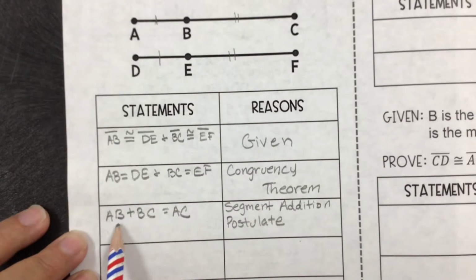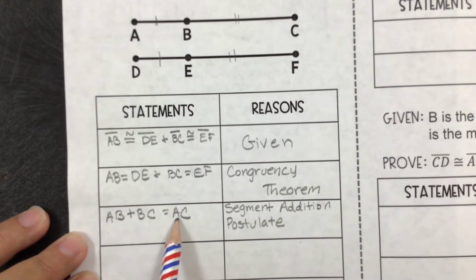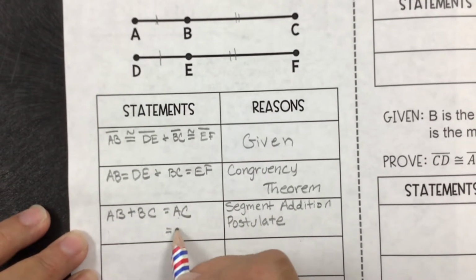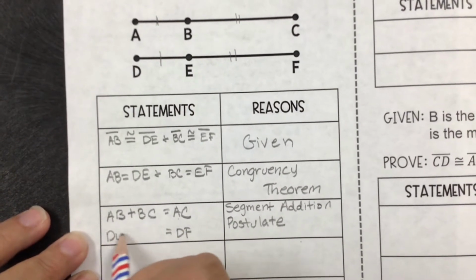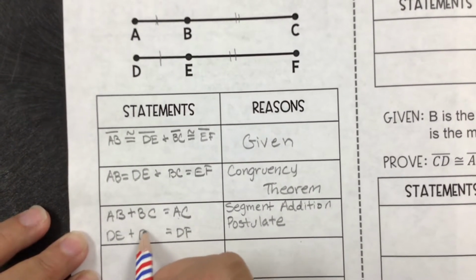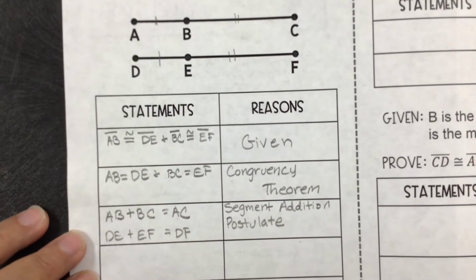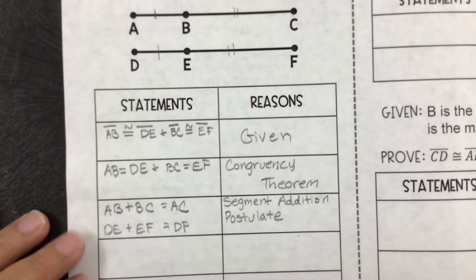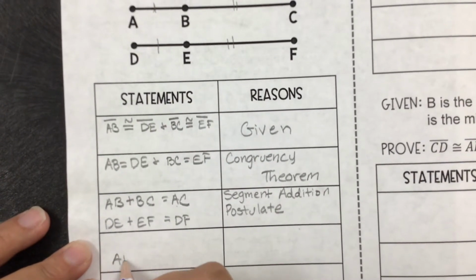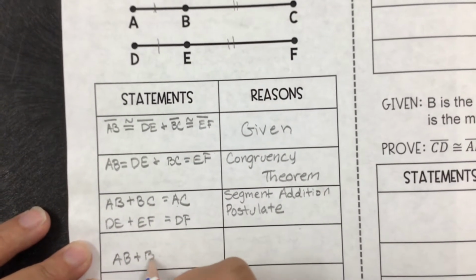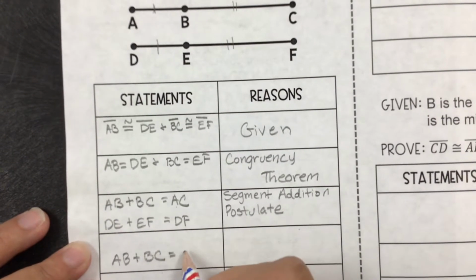So if I can write it for the segment AC, I can also write it for the segment DF. DF is DE plus EF. I can also write that AB plus BC is equal to DF.